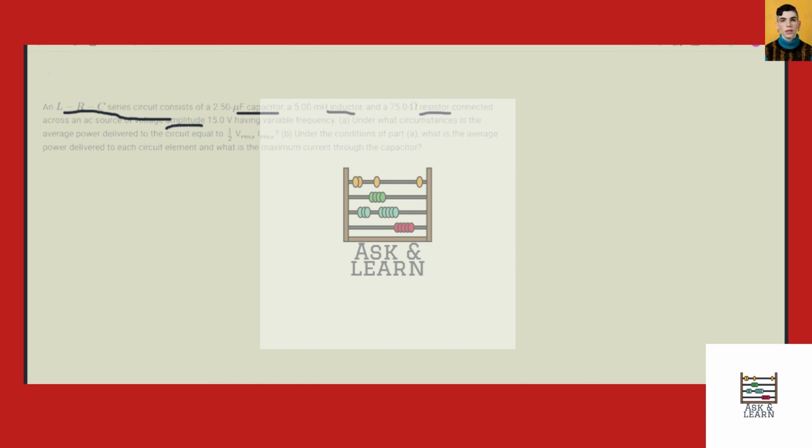And for part A, we want to find out under what circumstances the average power delivered to the circuit is equal to half of VRMS times IRMS.